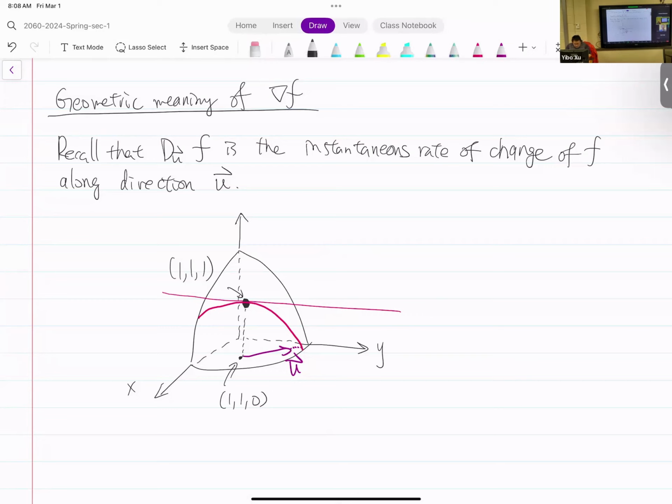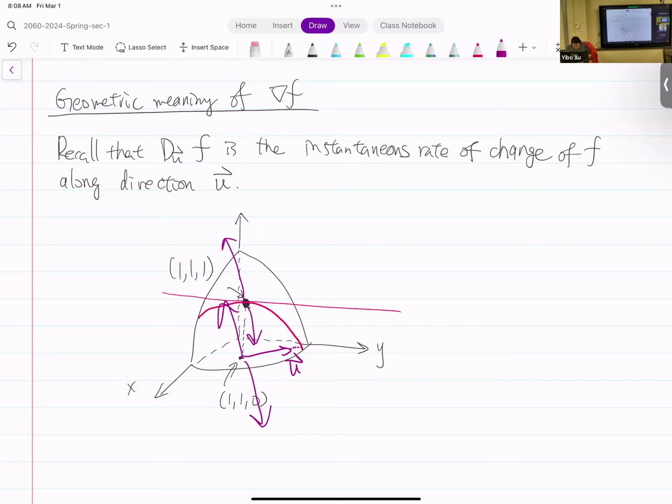Okay, so now if you change the direction of u, it looks like if we go along this direction u within the xy plane, that's walking up the hill, right? Something like this. And if you go the negative direction like this, then you're going down the hill. So basically, you're trying to stay on the surface, on the function.